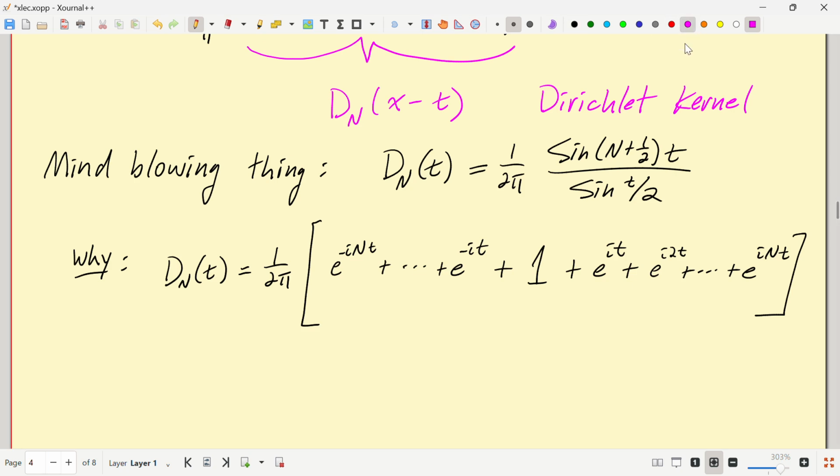Okay, this one's cool. I can pull out the e to the minus iNt, and then what I have left is 1 plus e to the it plus a geometric series out to e to the i(2N) t.